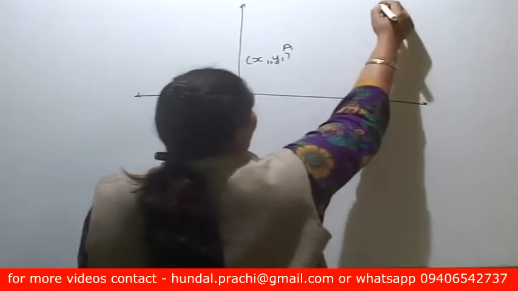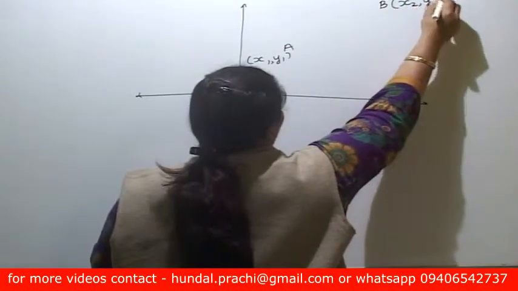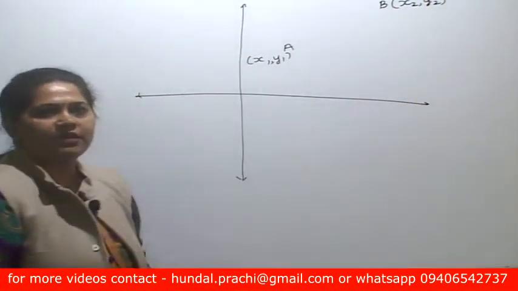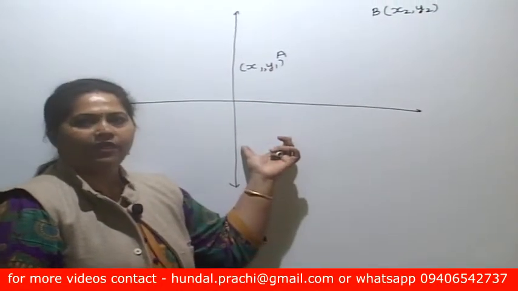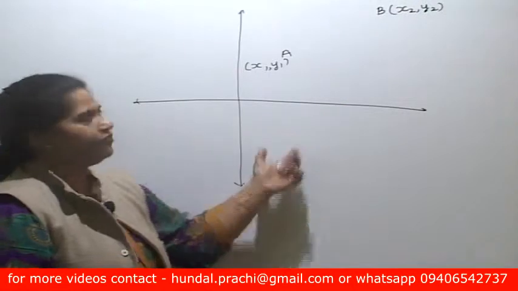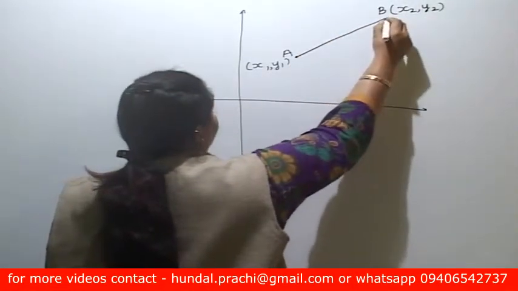And there is some other point B whose coordinates are x2 and y2. x2, y2 means the x-coordinate of B will be represented by x2 and the y-coordinate will be represented by y2. Suppose you have to find the distance between these 2 points, then what is the formula?